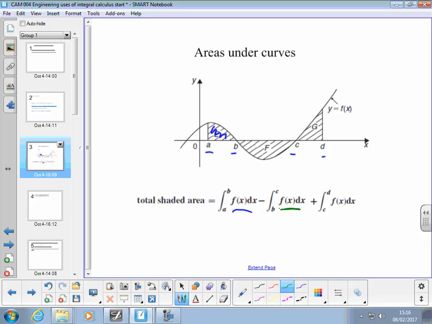Between the limits of b and c is that bit there. And we find the integral between the limits c and d, we find that bit there. So it's the area between the function and the x-axis, because that's what integration is. It's all the little bits added together.